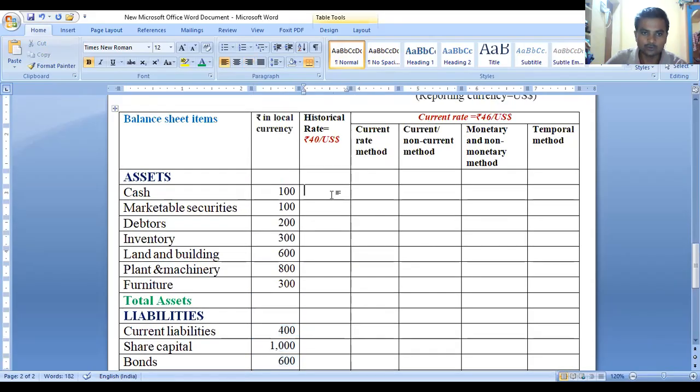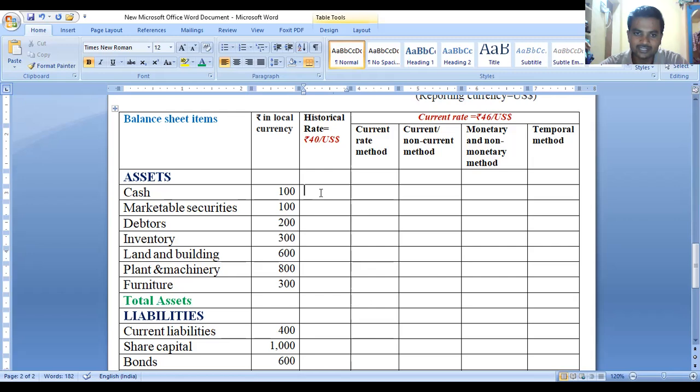Now these values should be converted at the historical rate. Here there are 100 rupees, in millions. Just assume 100 rupees. By giving 40 rupees, I would get $1.